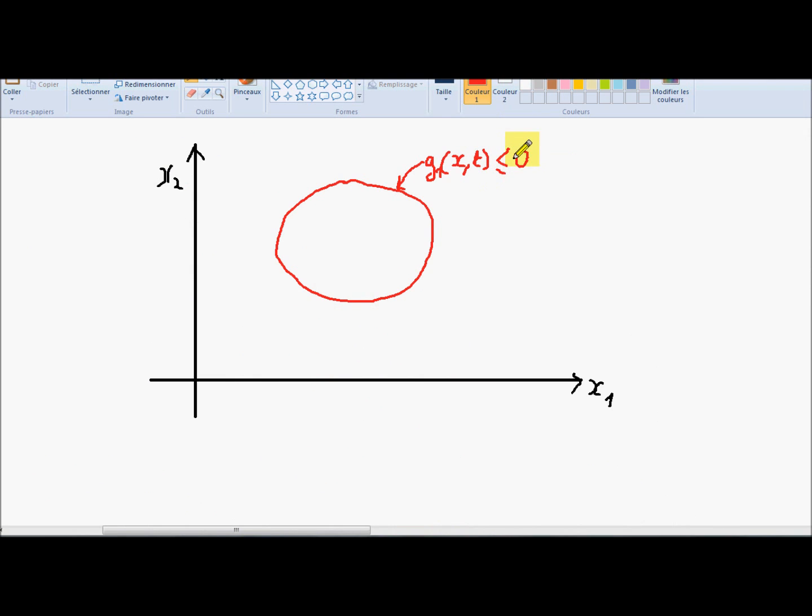And I take another set, like this one, for instance. This corresponds to J2 of x and t negative. If I take the intersection here, then this corresponds to J of t.